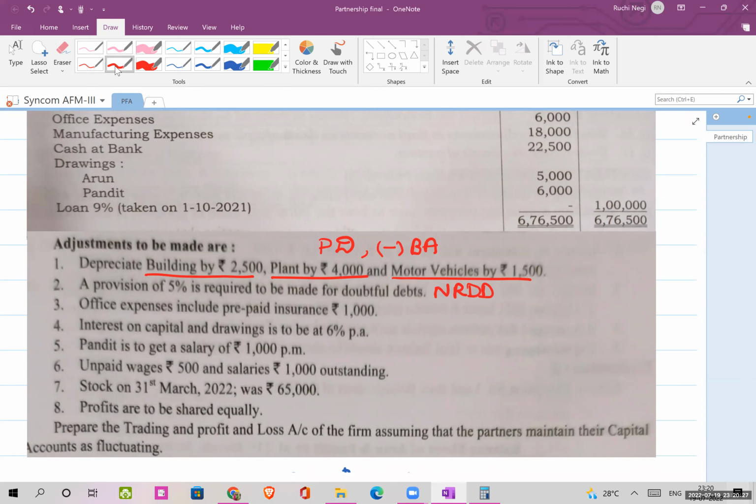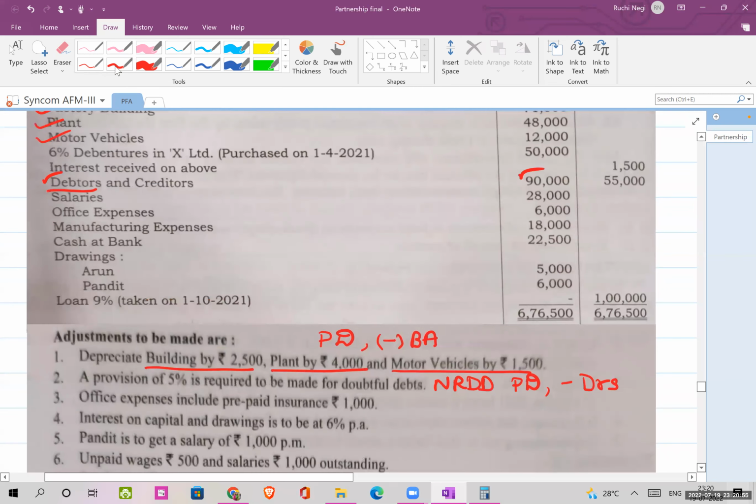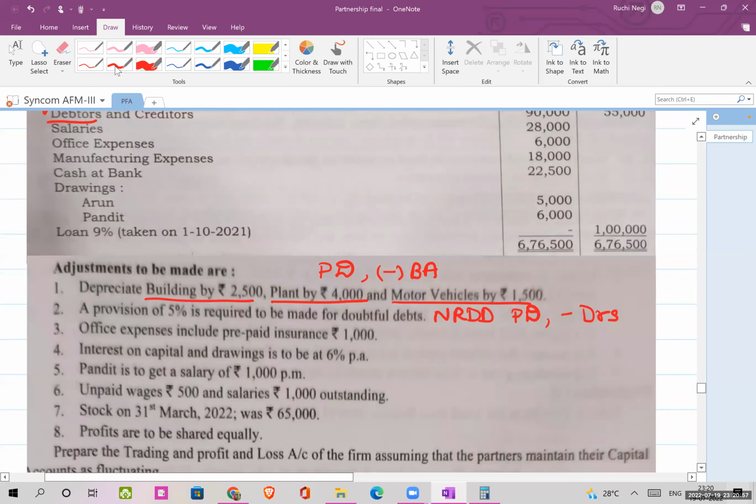This will be the formula: you can write P&L debit and less from debtors. Since I have told you about this formula, for bad debts we'll be using this formula. I'll do the working note part later, and then show you how to calculate this new RDD. For the time being, I'm just putting a tick mark to debtors because it has an adjustment.